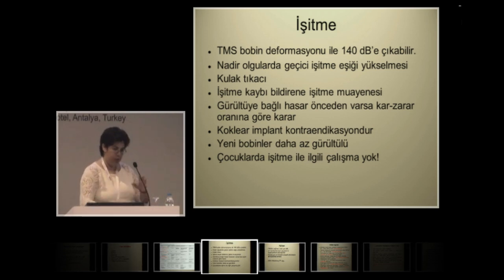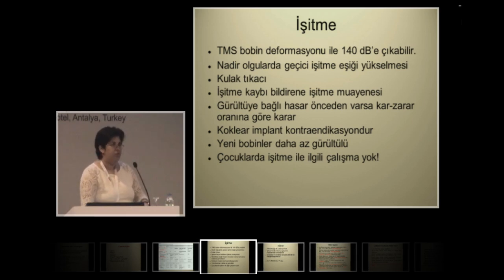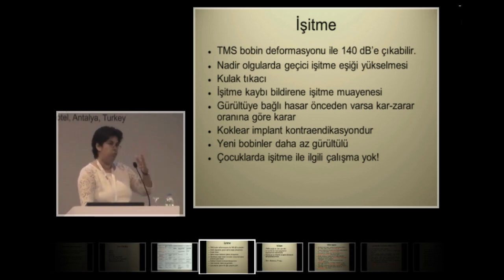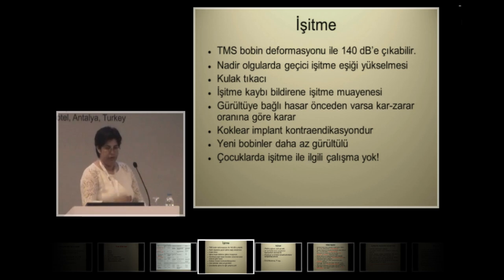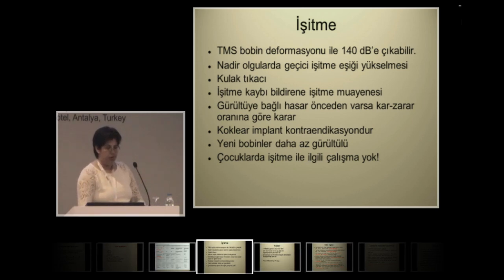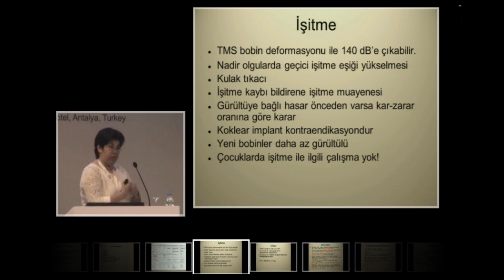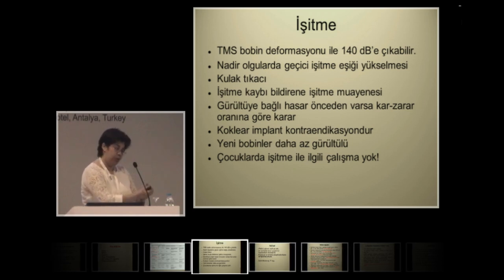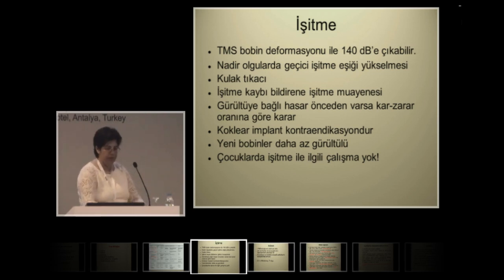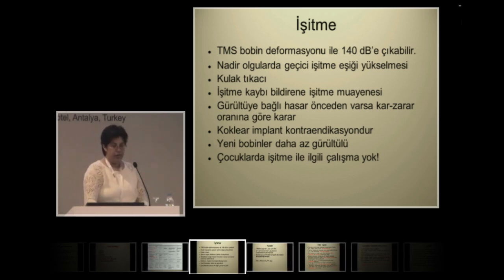Just keep in mind that when you go to a disco, with a warning about hearing, with an effect on the hearing function, there's 120 decibels, and a jet engine creates almost 150 decibels. If there is pre-existing hearing impairment, first of all, you should do a hearing test in order to protect yourself from the legal perspective too, and then you should document the results of the hearing test.